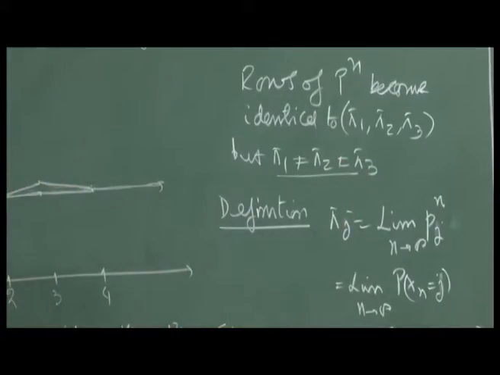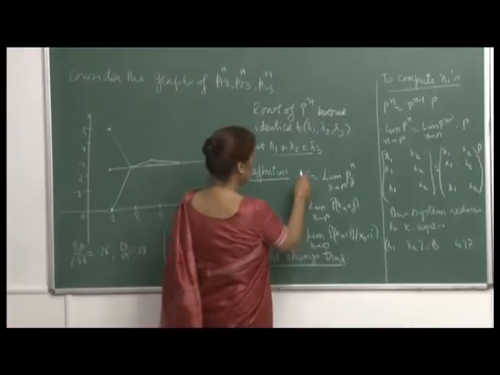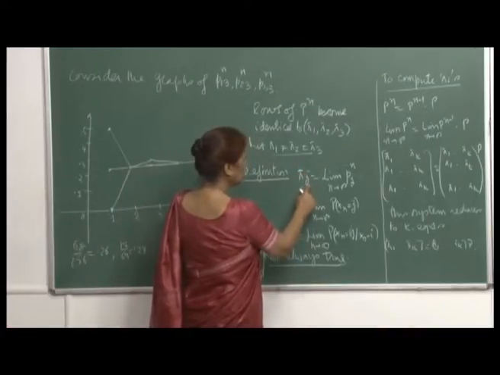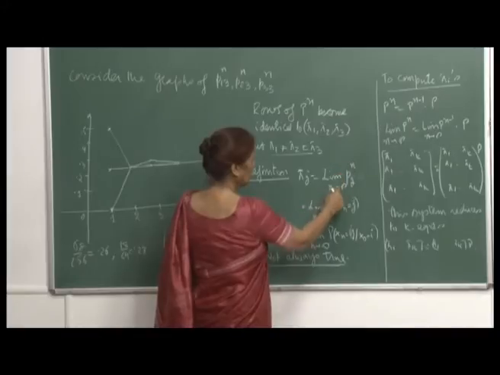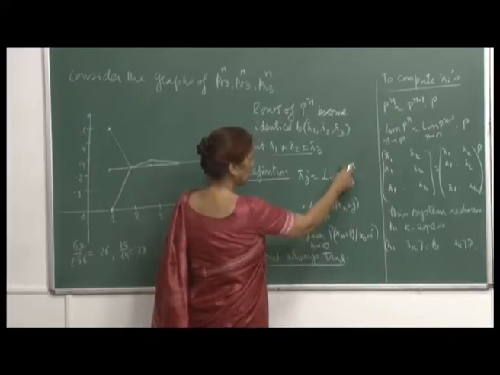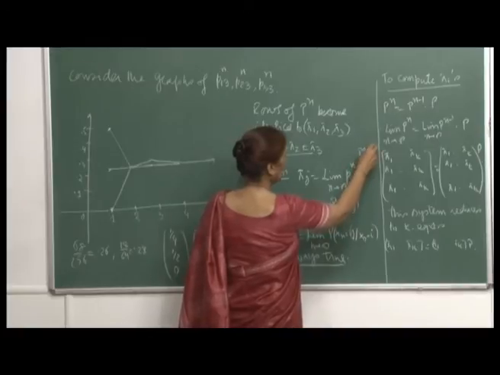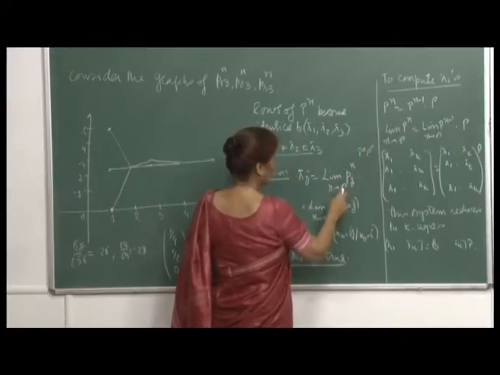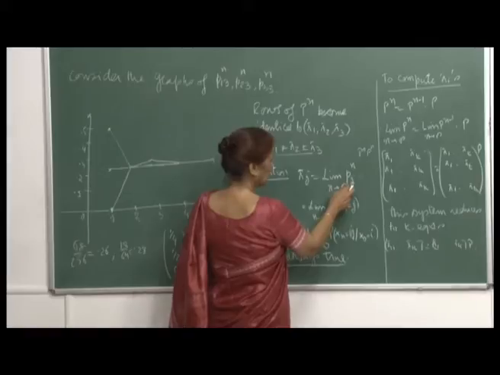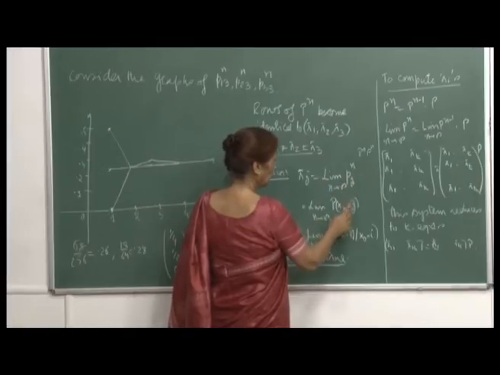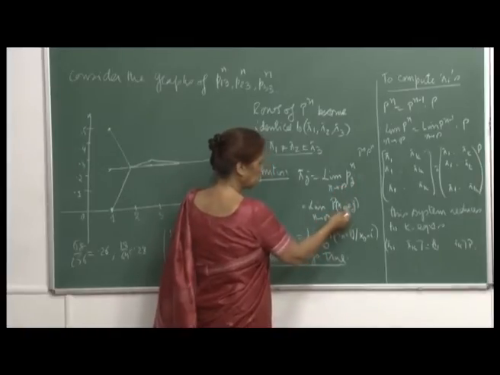The definition of the steady state probability is that pi j is the limit of p j n as n goes to infinity. This is the limiting value of p j n, which is actually the probability that x n is in j.